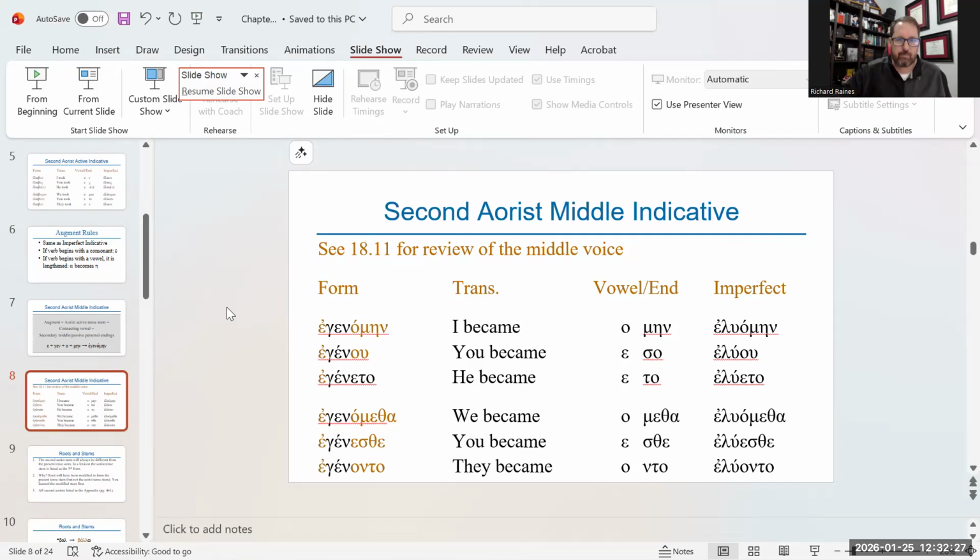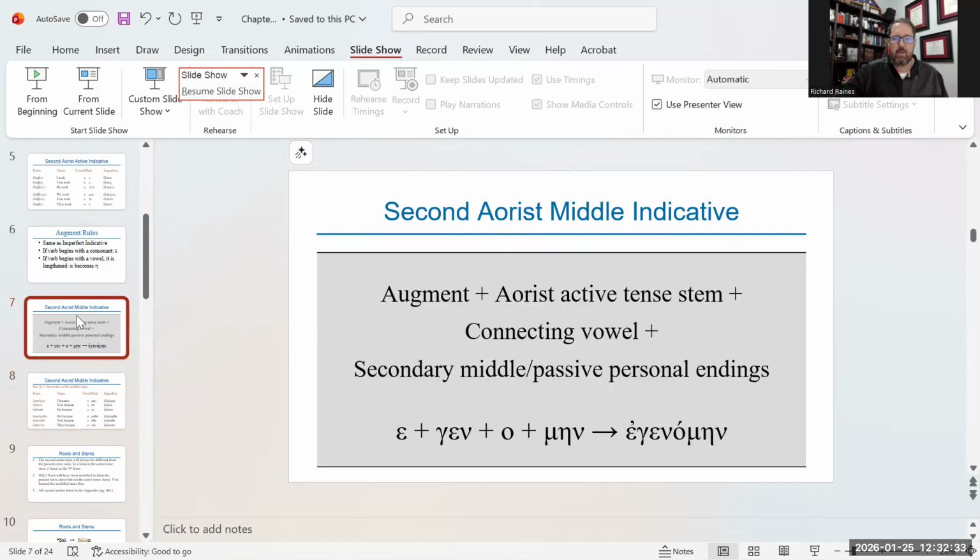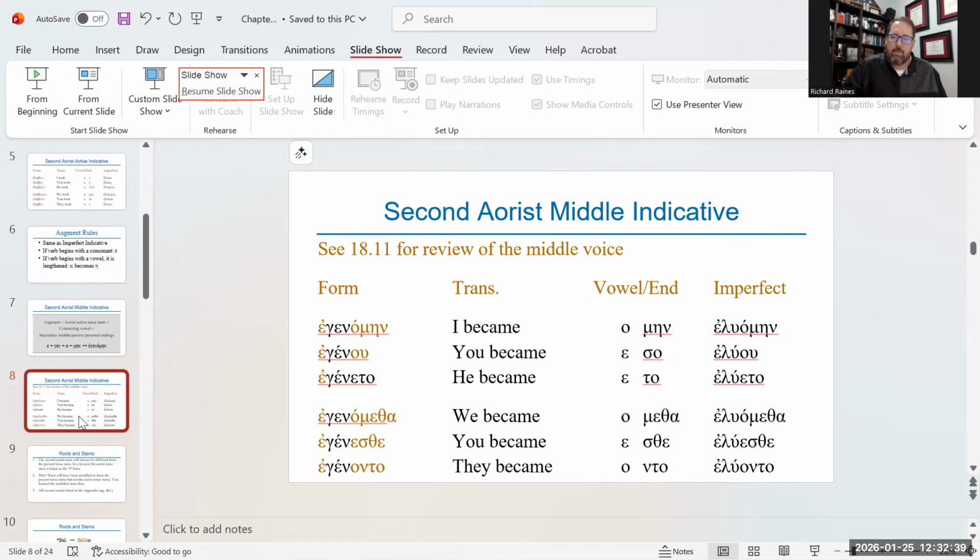All right, so to form the second aorist middle, go back to this slide: augment, stem, connecting vowel, personal ending. And so here those are, and we did the same thing. We put the second aorist middle indicative, and then we compared it to the imperfect. But you can see here first, second, third person singular, and first, second, third person plural.